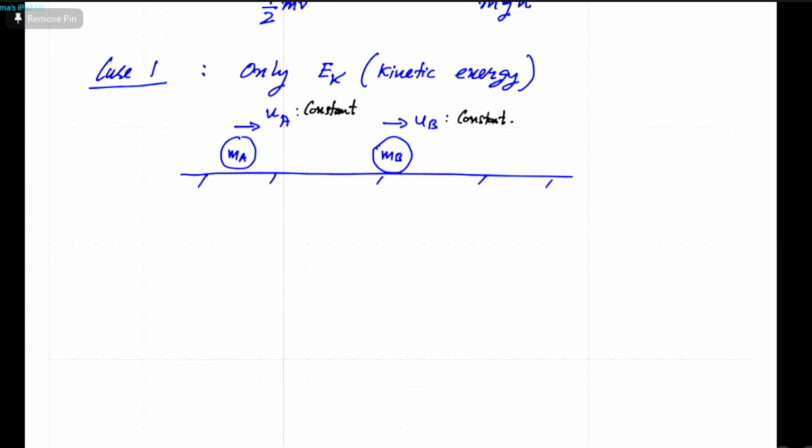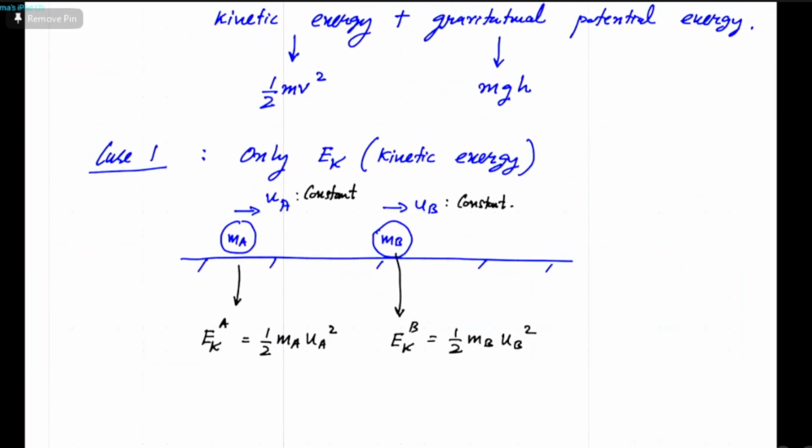Now, the kinetic energy of object A is going to be half into MA UA square. Kinetic energy of this one, EK B, would be half into MB UB squared. Right?